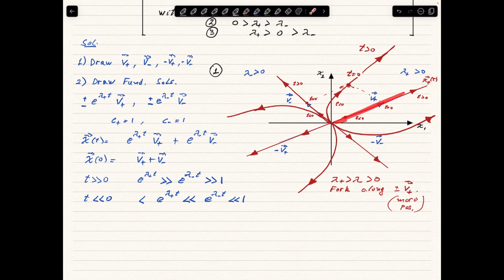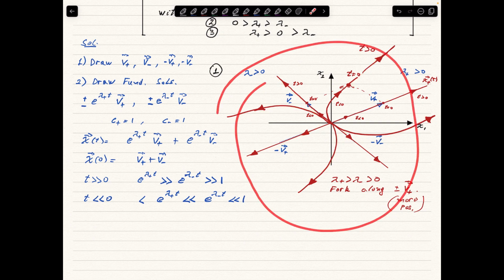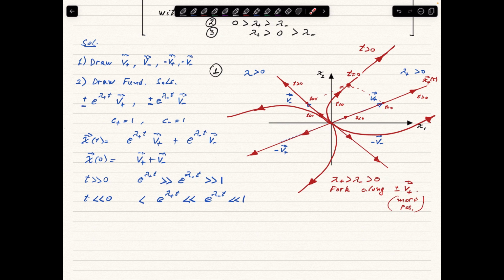So along this direction is where everything is bending towards when t goes to positive infinity. So here we have 1, 2, 3, 4, 5, 6, 7, 8 solutions. And now we have a picture of what is happening with all solutions.